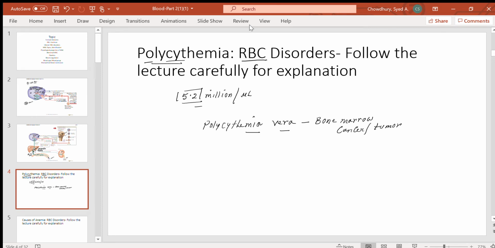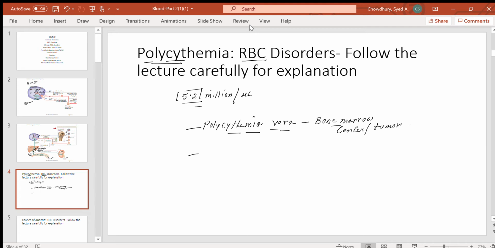Okay, so the bone marrow will produce too many red blood cells, more than normal, and that will increase the number in your blood. Okay, and the blood viscosity will increase because the thickness of the blood will increase. So that is one type of polycythemia.